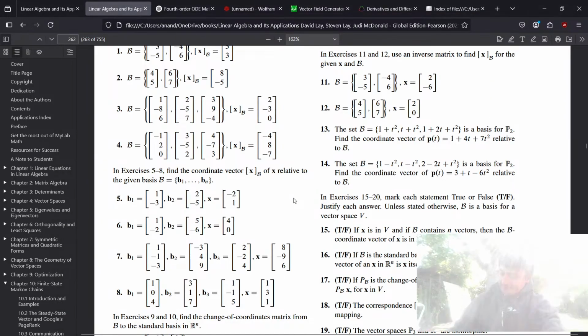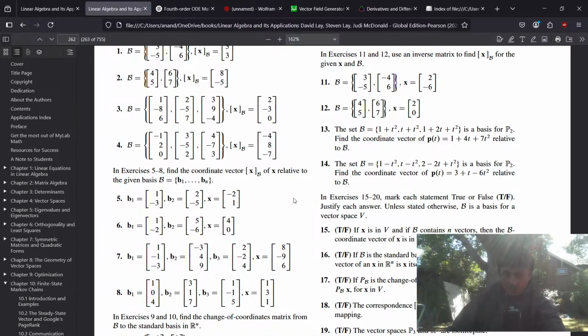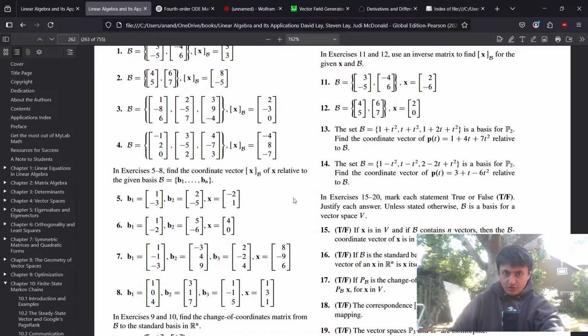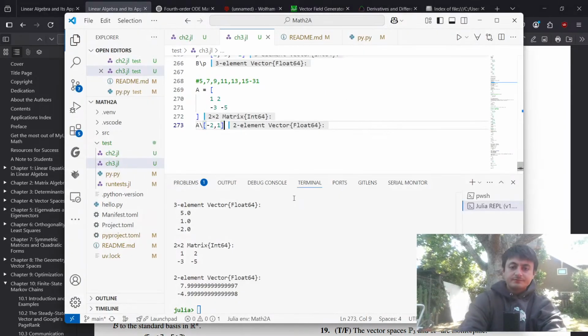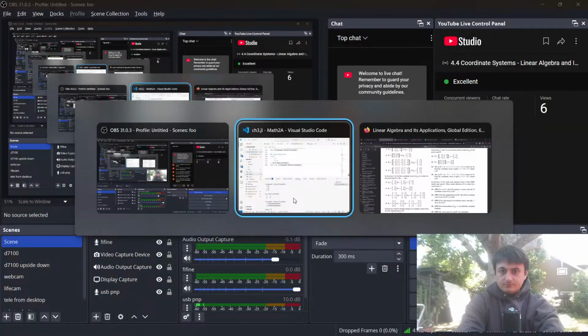All right, so 7. 7 is 1, minus 3, 2, minus 1, 4, minus 2, minus 3, 9, and 4. And x is equal to 8, minus 9, and 6.